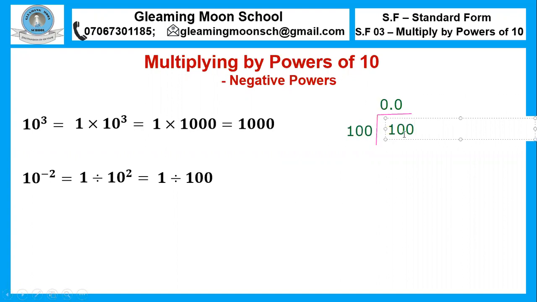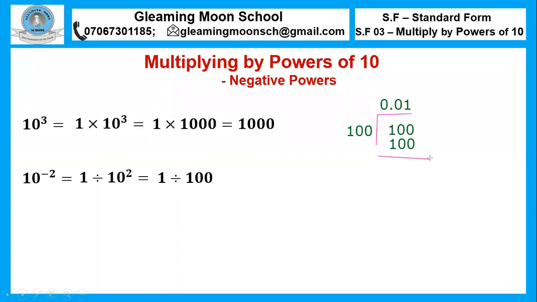Can 100 now divide 100? Yes. 100 divides 100 once. So you go back there and put 1. And then you do 1 times 100. 1 times 100 will give you what? 100. So you write 100. So now you have 100 and 100, and then you do what?